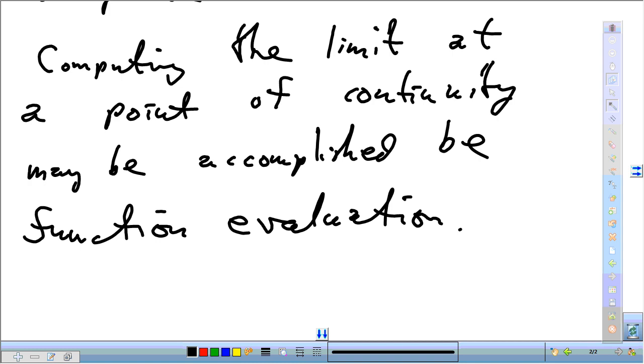That can be done for continuous functions at a point by simple function evaluation in many cases.